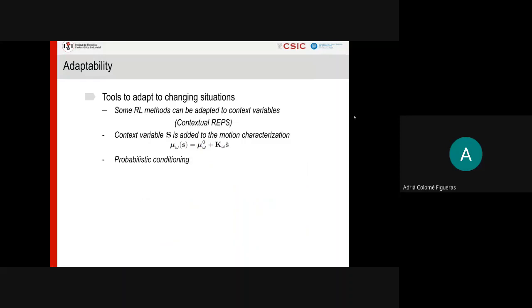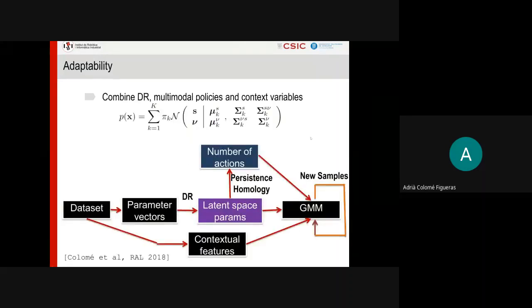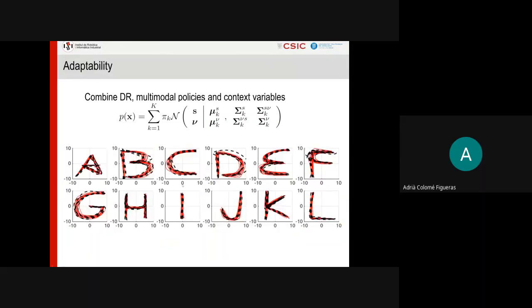And then, depending on the motion characterization that we are doing, we can do probabilistic conditioning. As an example of this kind of application, we combined dimensionality reduction techniques in order to obtain this new variable in the feeding task that I was showing, and we made a Gaussian mixture model together with this context variable, which we could also apply to character writing.